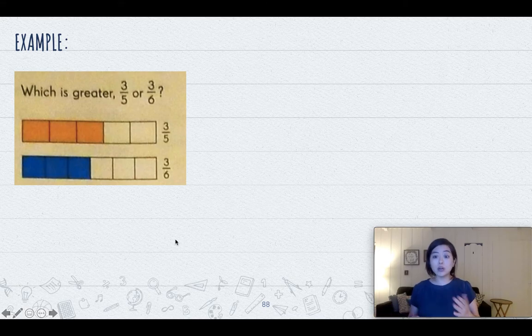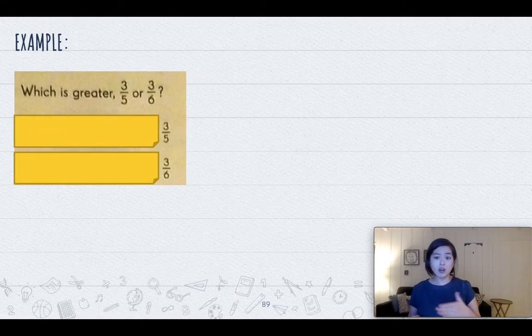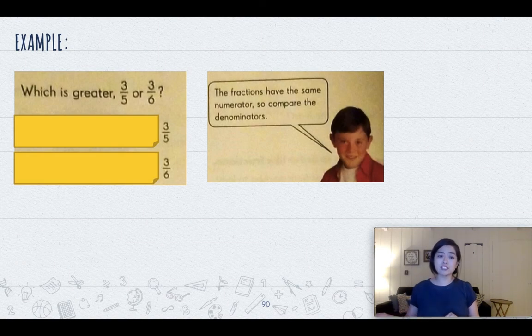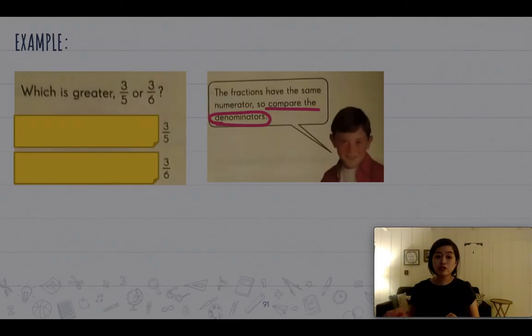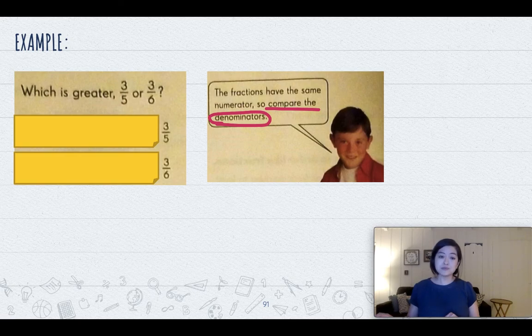But the thing is, what if there was no model? What if we only had a fraction? If we only had a fraction where the denominators are different, which means that they are unlike fractions, and the numerators are the same, you should compare the denominators when the numerators are the same.